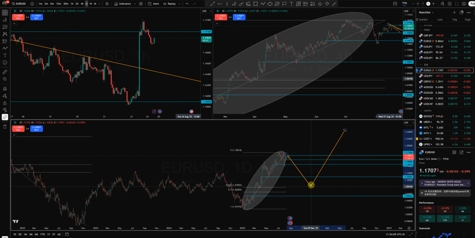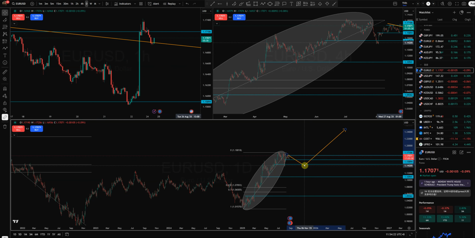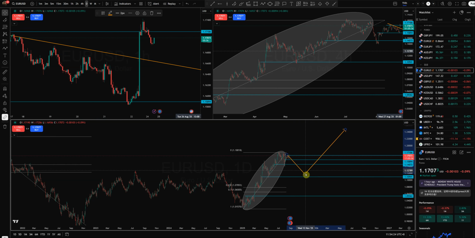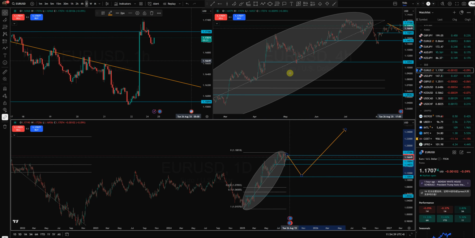So here's my point. Since we already identified the support and resistance levels here in the blue lines, the next step is to wait for the retracement. Every time the price goes near the blue lines, we need to observe it in a lower time frame.